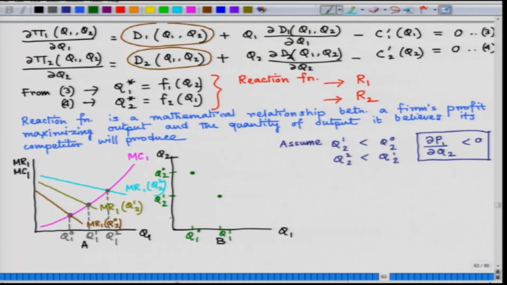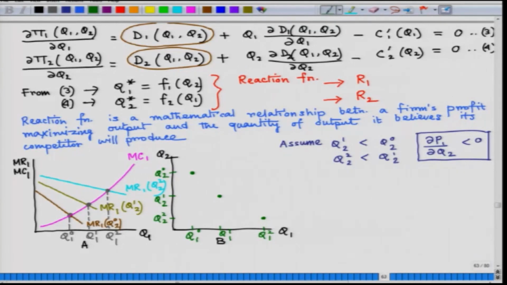And lastly we have chosen another low level of output Q22, and we have seen a higher level of output produced by firm 1 in response. So, this is what we have seen from the panel A diagram.